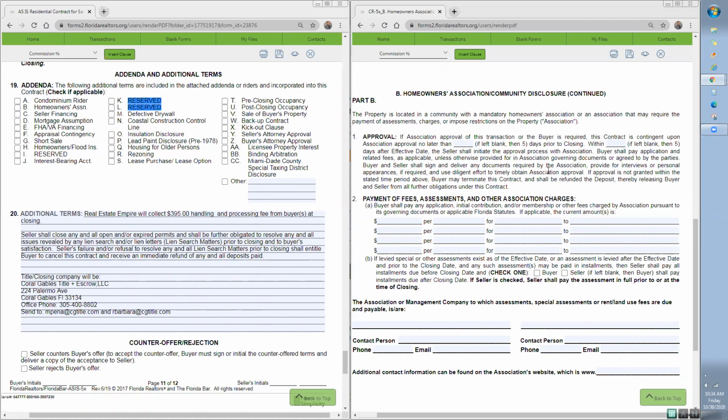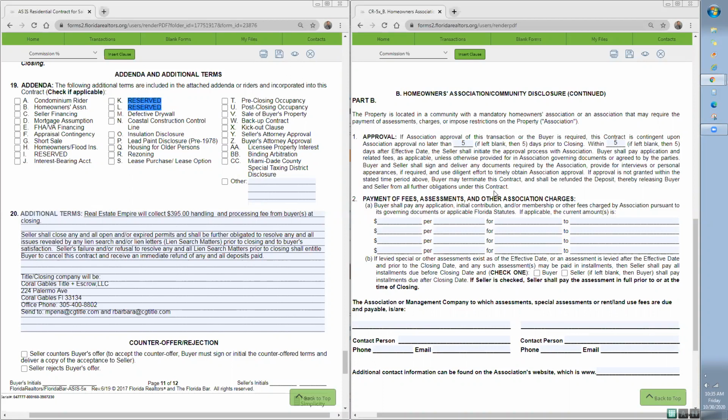The contract is contingent upon the association approval no later than, same thing, 5 days prior to closing. And then within 5 days of effective date, the seller needs to initiate the process, and the buyer needs to pay an application and related fees as applicable in order to provide the association the ability to approve the tenant or the buyer. So you'll notice this is the same exact thing.